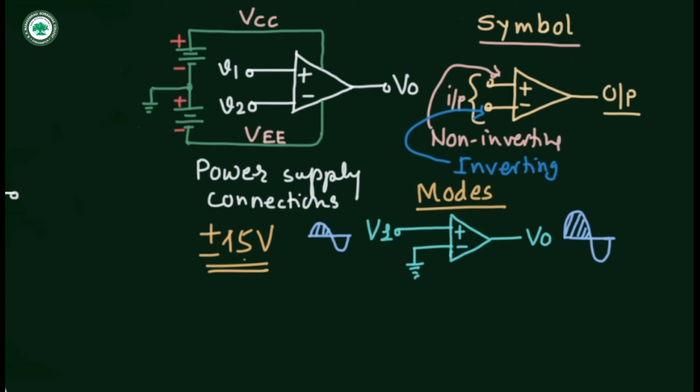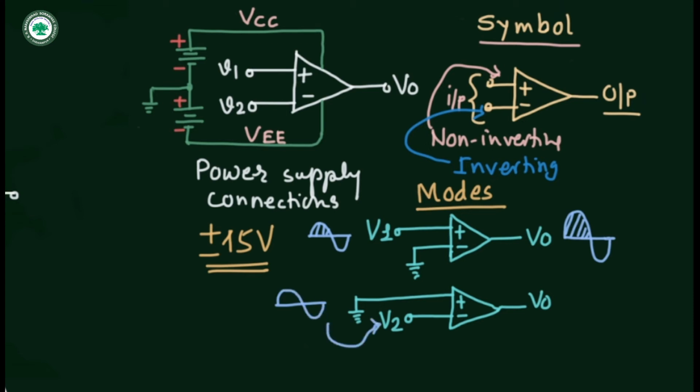The same thing we will observe in the second mode of operation, in which we consider the plus terminal grounded, and we apply the input V2 to the negative terminal. Suppose we apply a sinusoidal waveform at this V2 terminal.